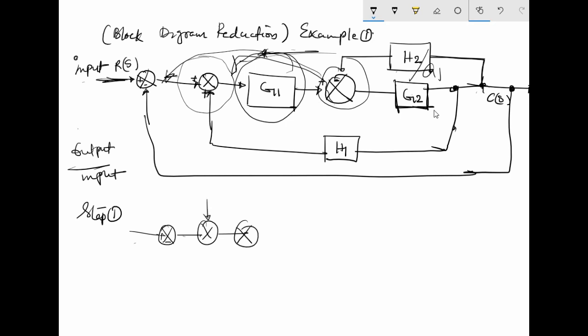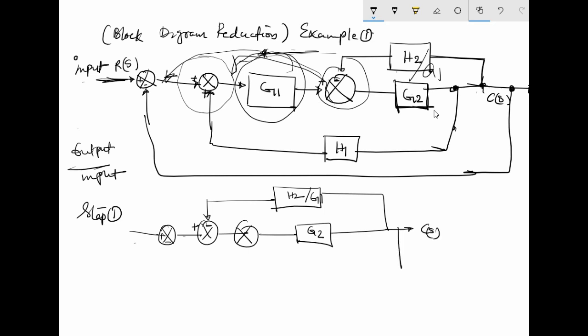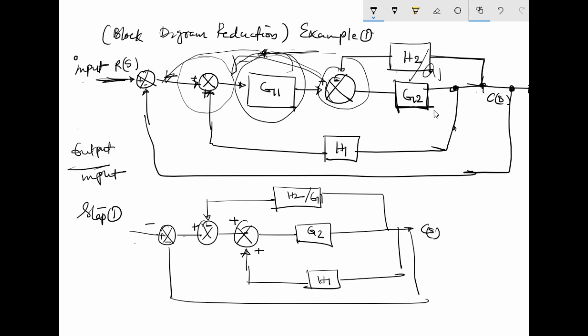This is connected to whatever is minus, this is plus, and this is H2 by G1, and this is as it is going ahead, and you have your G2 here now, and this is your CS as it is here, and you are feeding back your CS to this, and this is H1 right now, and the other loop is coming as it is. So now this is a step 1 which you have applied.